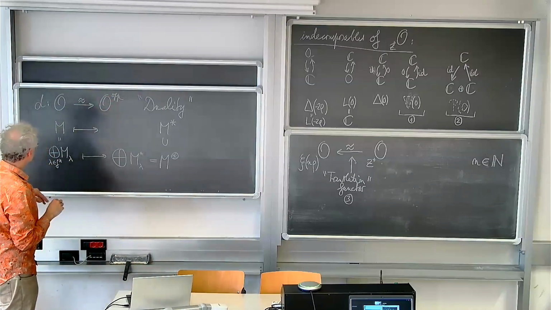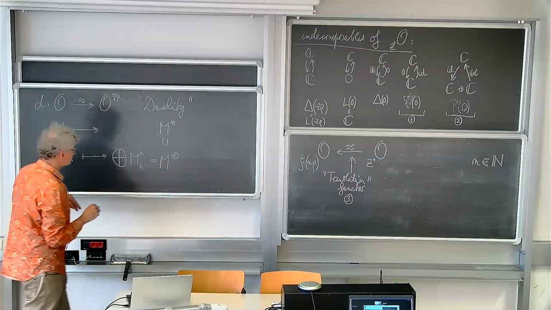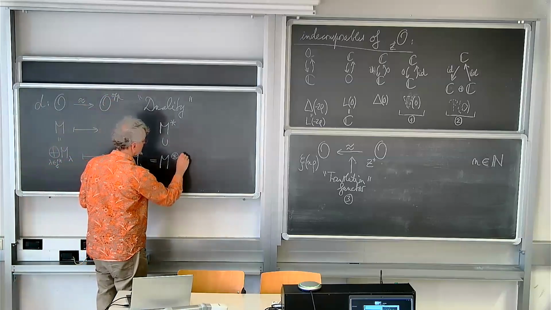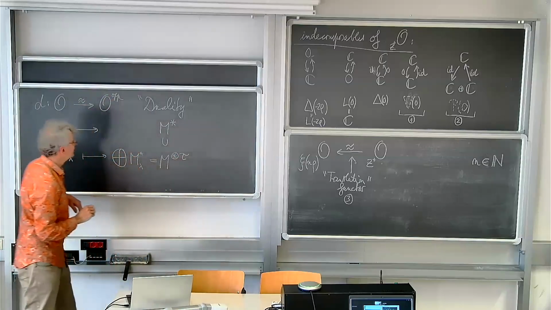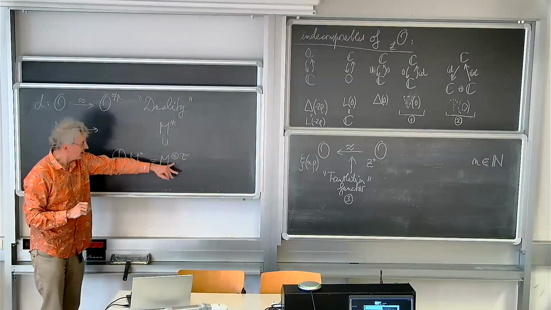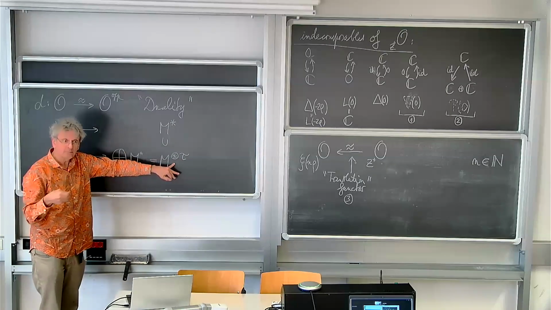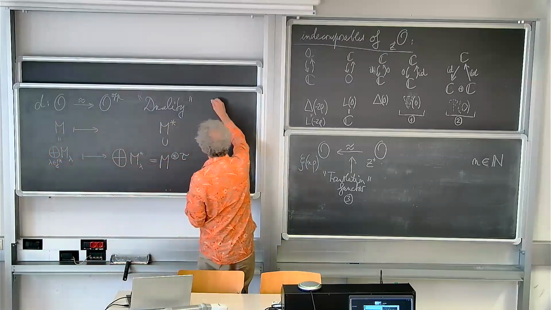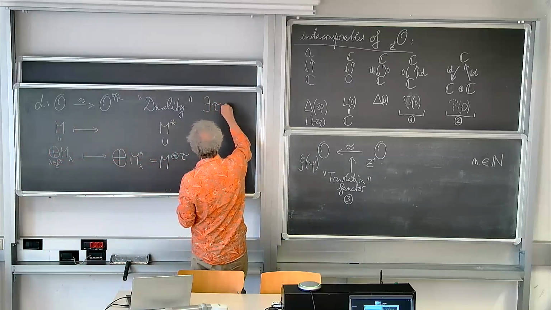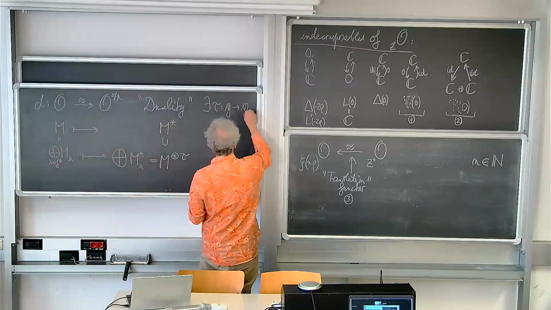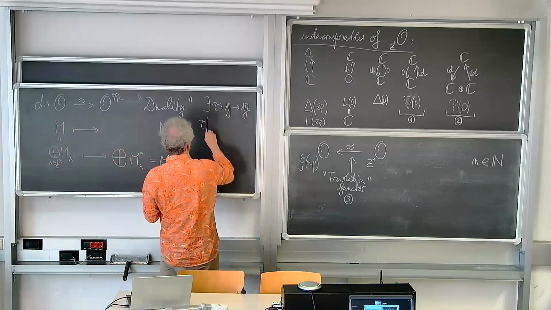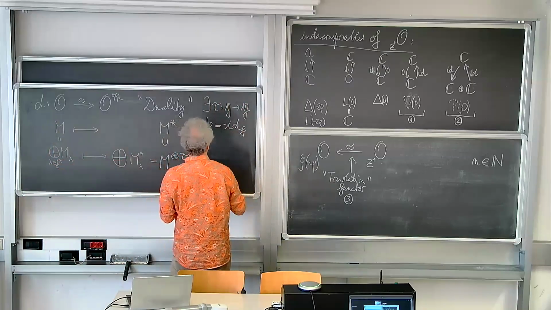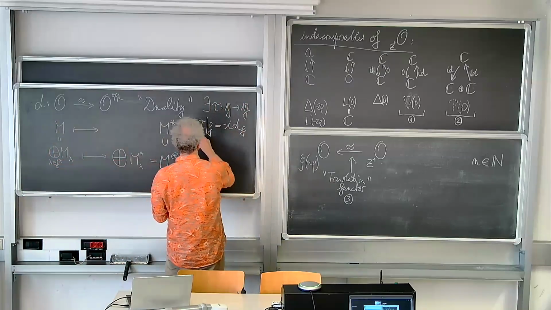So the trick to cure it is to still twist this representation with an automorphism of the Lie algebra. There exists an automorphism of the Lie algebra, called the Chevalley automorphism, which restricted to h is minus the identity on h.